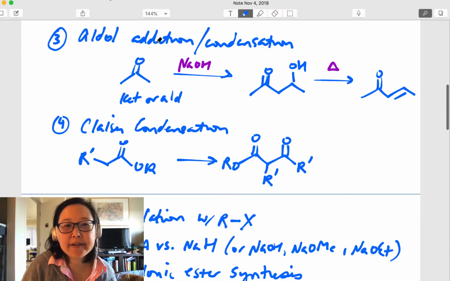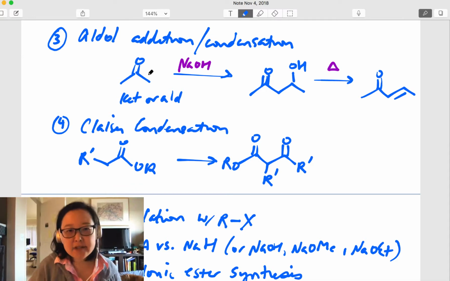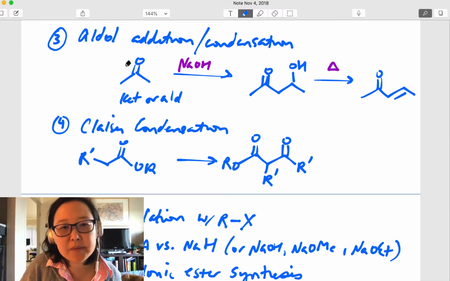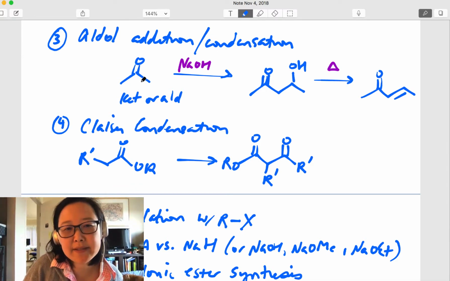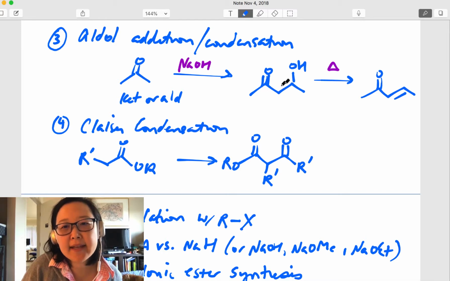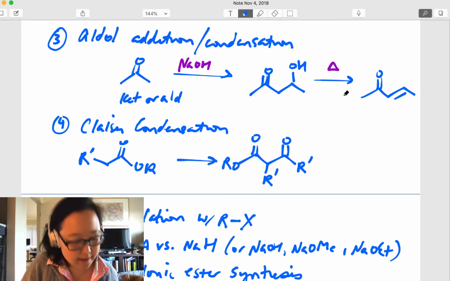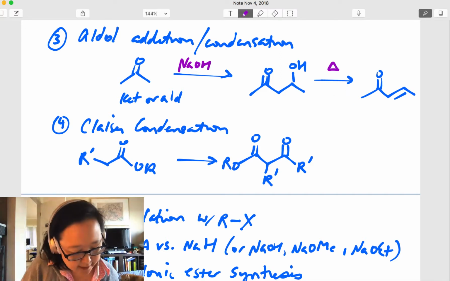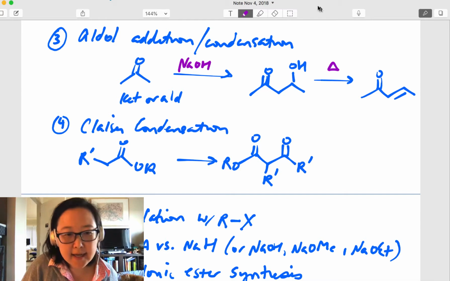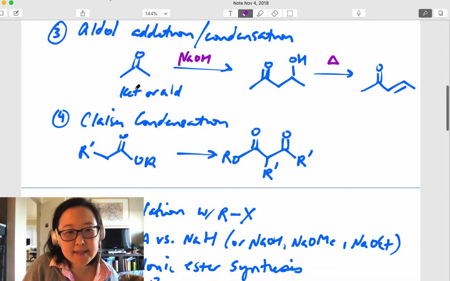And then aldol condensation starts with the addition. So notice we're using 2 of these if it's not specified. And then you have the condensation with heat to remove this as water. Okay, so there's a minus H2O here. With the next one, you have Claisen condensation. So this is the same thing as aldol, except with an ester.